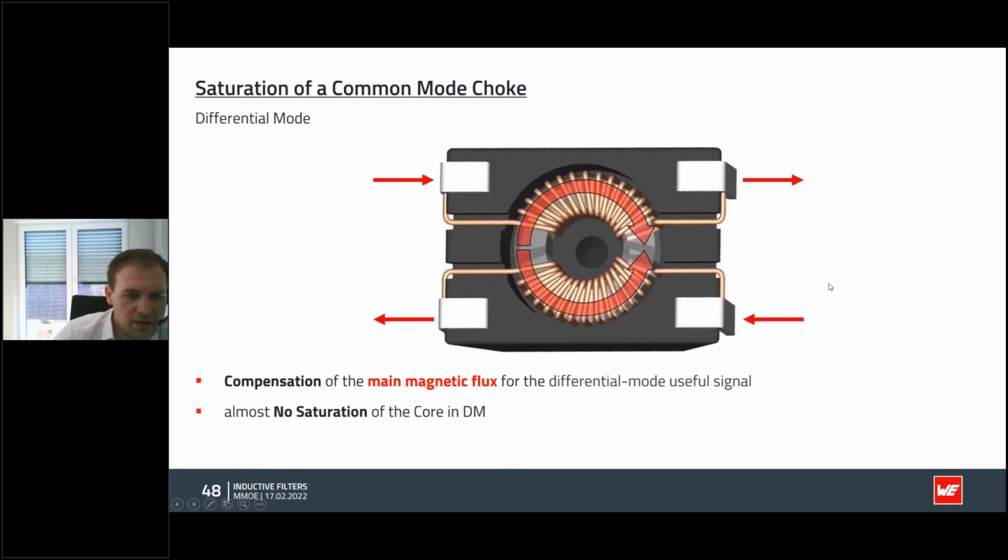For a differential mode signal, we can see that we will have almost no magnetization of the core, meaning that with the differential mode signal, it's almost impossible to saturate the core of a common mode choke. And this makes the saturation for the differential mode not really necessary to put in the data sheet, because the common mode choke will most likely solder itself off the PCB before it gets saturated.